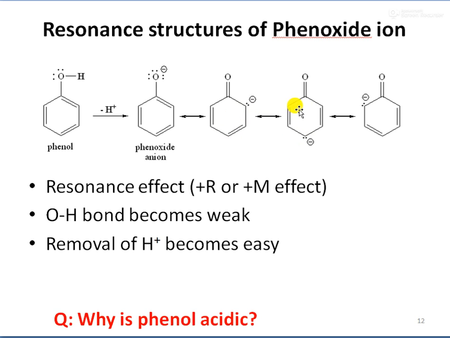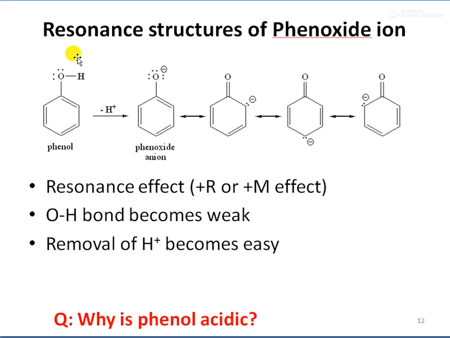So in all these three last structures, you can see that the resonance delocalization is not there. So it is not aromatic actually. So in these three structures, the electron density is more concentrated on the carbon atoms, whereas in the phenoxide anion, the electron density is at the oxygen atom.